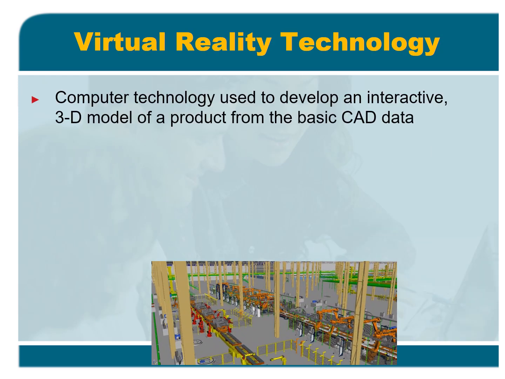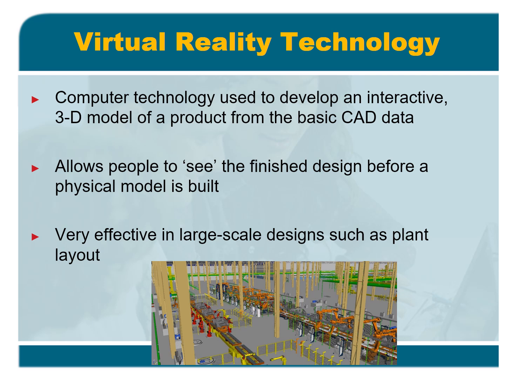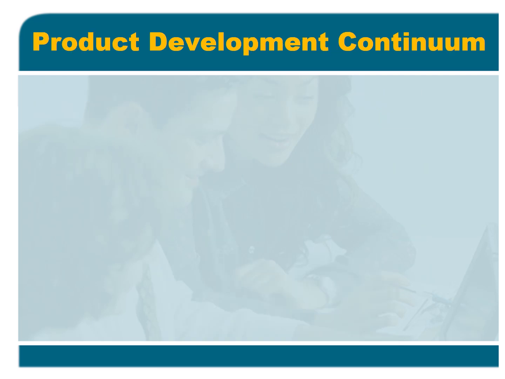Virtual reality technology is computer technology used to develop an interactive 3D model of a product from the basic CAD data. It allows people to see the finished design before a physical product is actually built. It's very effective in large-scale design, such as a plant layout or a facility layout.